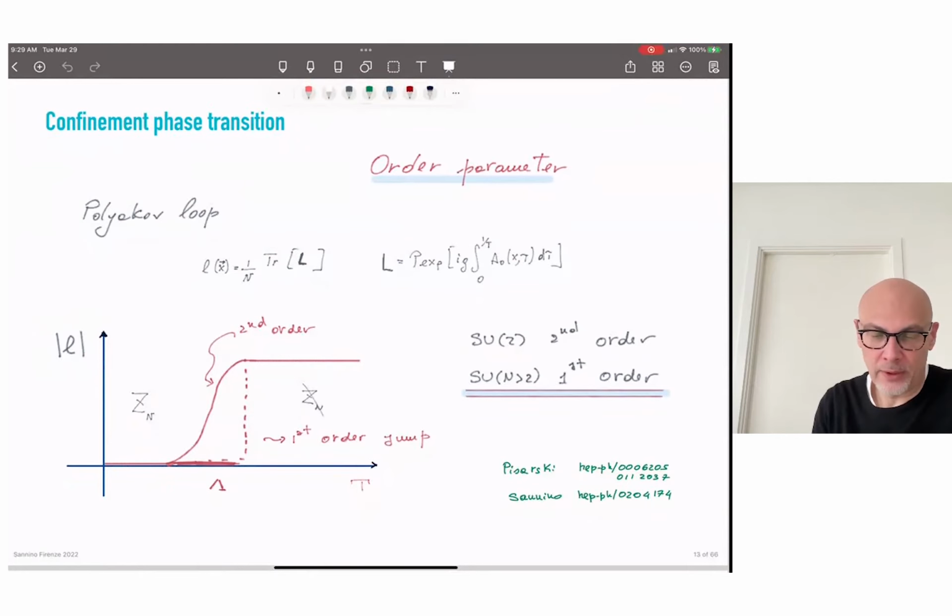Okay. Now for the SU(2) gauge theory, I mean the SU(2) glueball, it's a second order transition. This is really in the same universality class of Ising. However, for any N larger than 2, you actually expect this to be a first order phase transition. So there's a first order jump around the critical temperature.